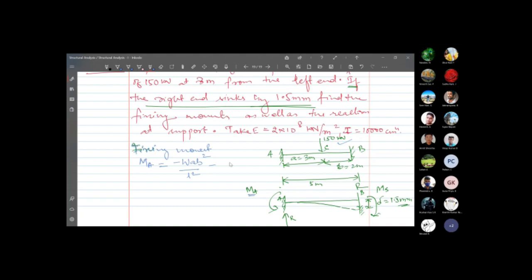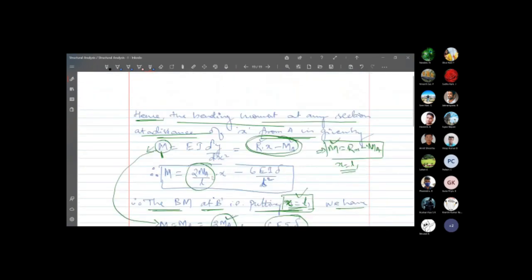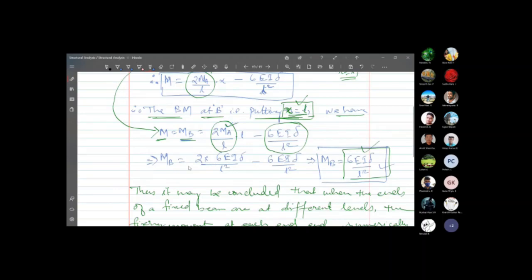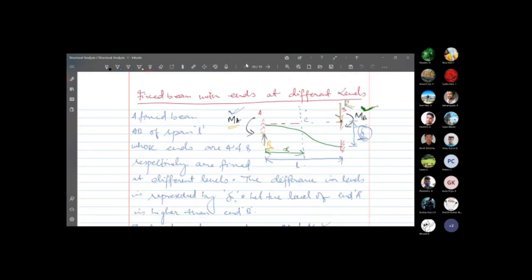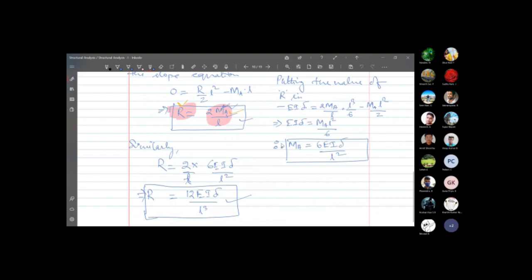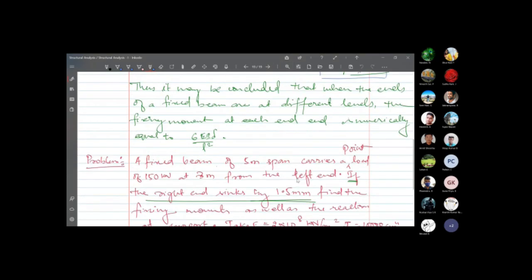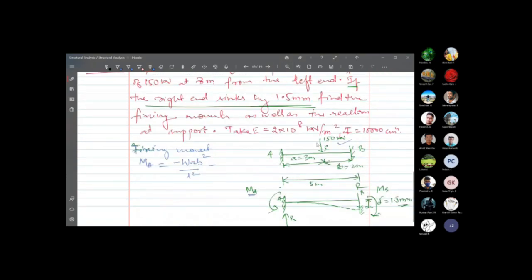What is the value of MA? In this current problem, pay attention. When we devised earlier, was it having any kind of load? No. But in this present situation, we are already having a load here, so that load will have a moment.